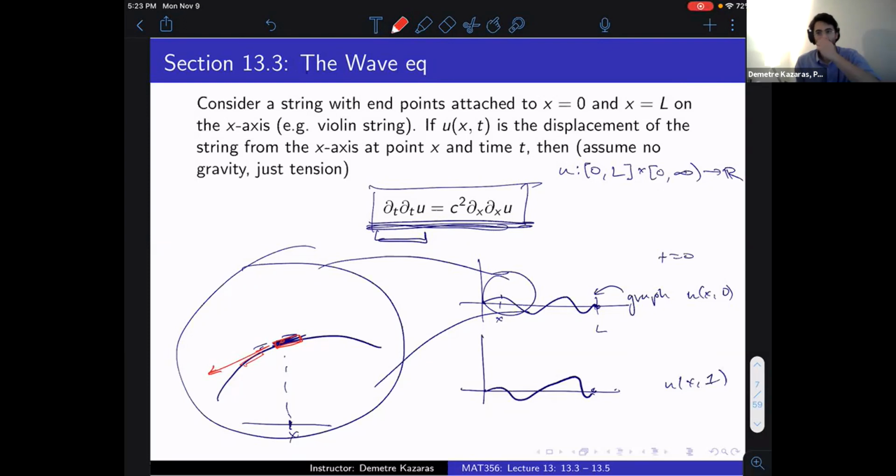In any case, from tension you have some force acting in the left direction, some force acting in the right direction. They have to do with the x derivative of u at that point. You have these two forces in opposite directions that come from the tension.